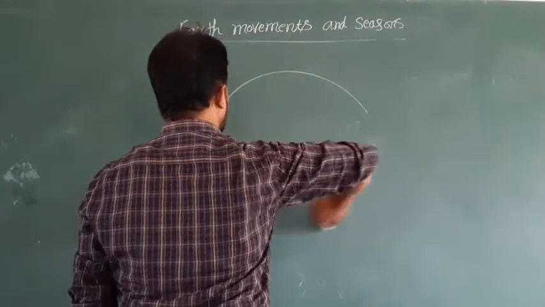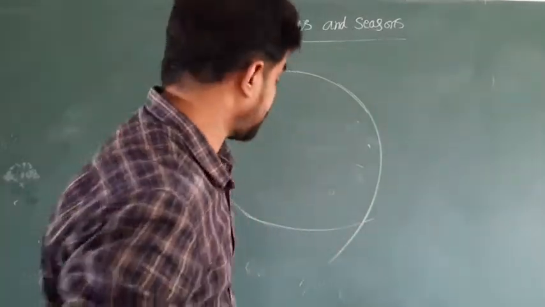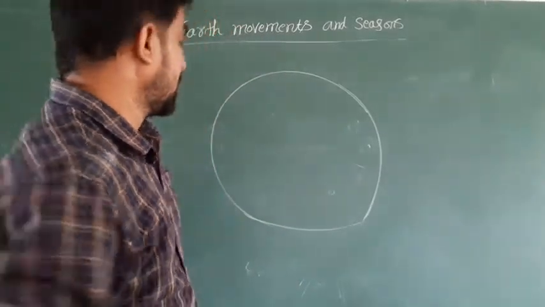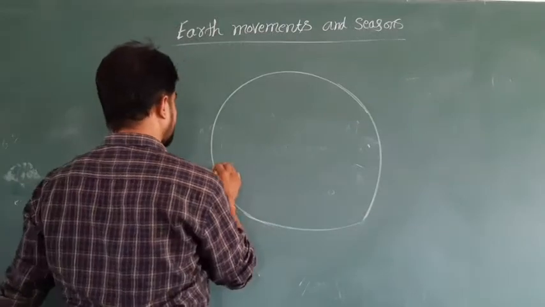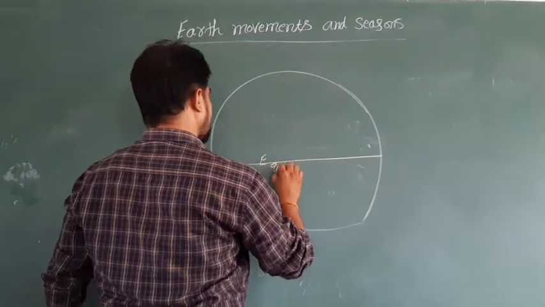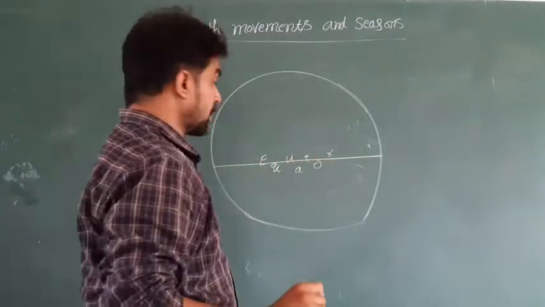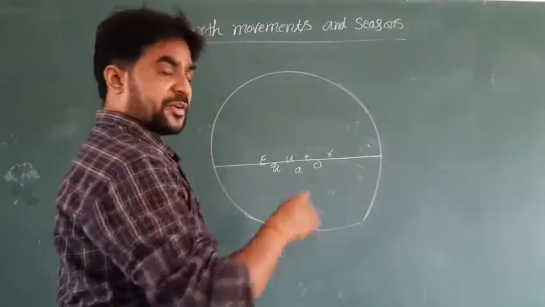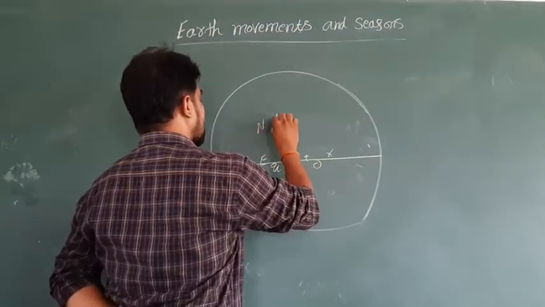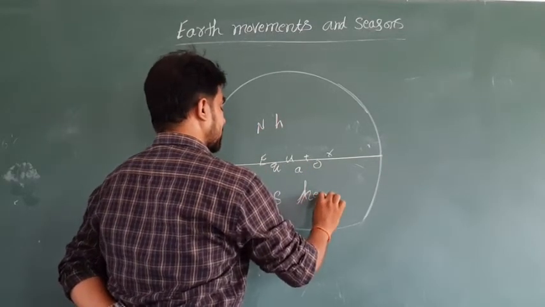Imagine this is a globe. Here you observe this is the equator. The equator divides the earth into two equal halves. This is called the northern hemisphere. This is called the southern hemisphere.